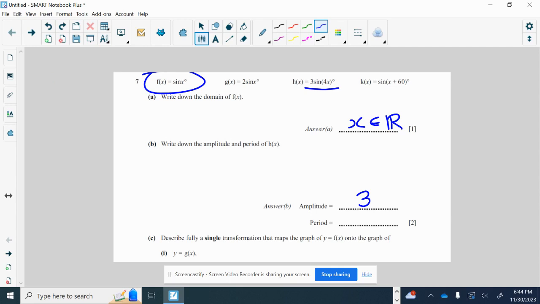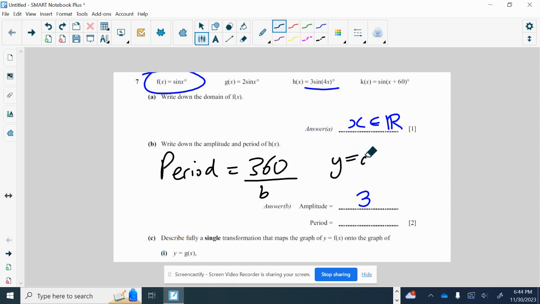Oh, period. Right. Okay. So for period, you do have to recall the equation is 360, because we only work in degrees in this course. There is something called radians, which you'll do at IB level. So 360 divided by b, where a is the coefficient of sine or cos, whatever it is, and b is the coefficient of x, the number in front of x, which you do need to recall.